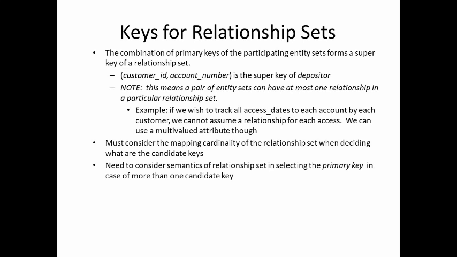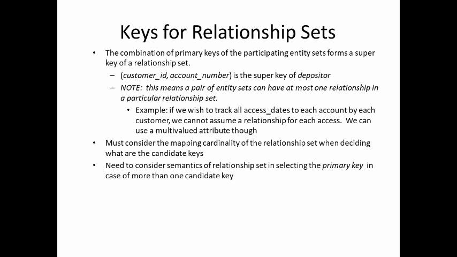For example, if we wish to track all access dates to each account by each customer, we cannot assume the relationship for each access. So we can use a multi-valued attribute though. So we can use a combination of those two to be able to get the exact records that we are looking for.